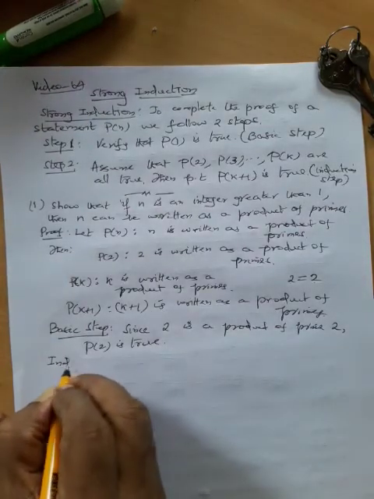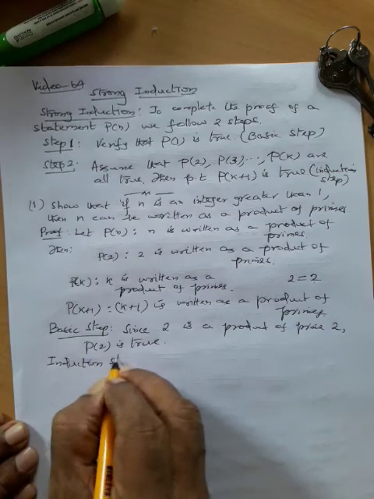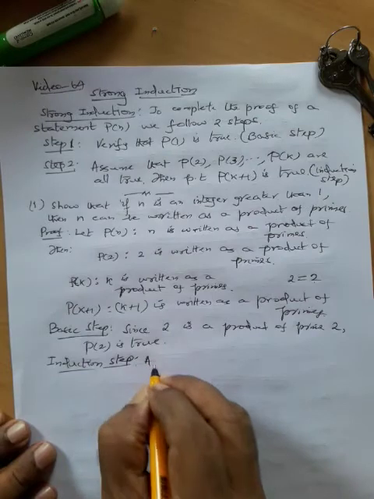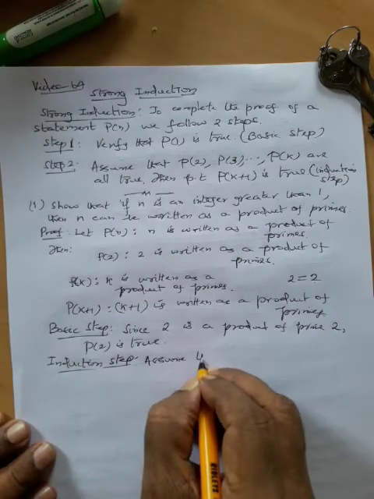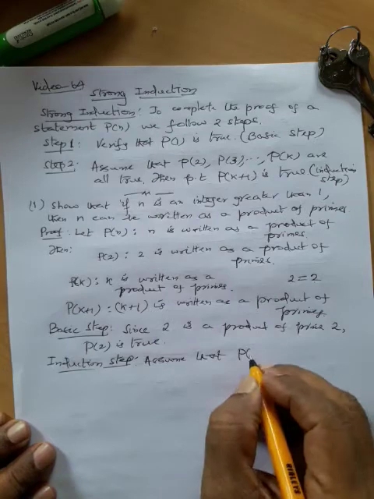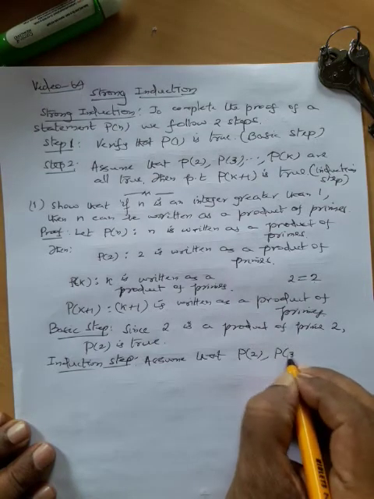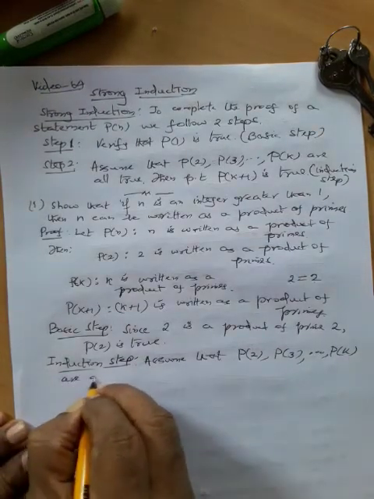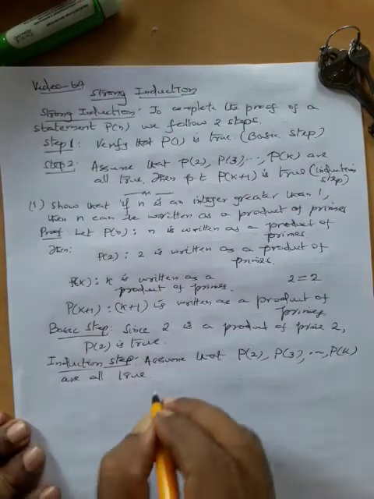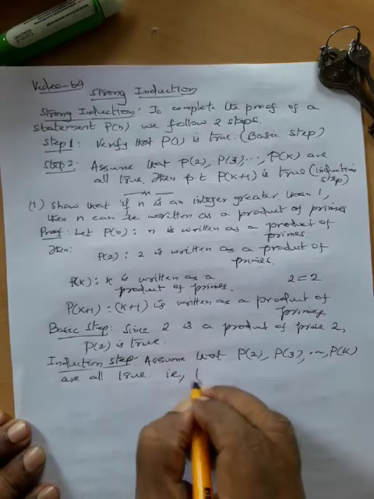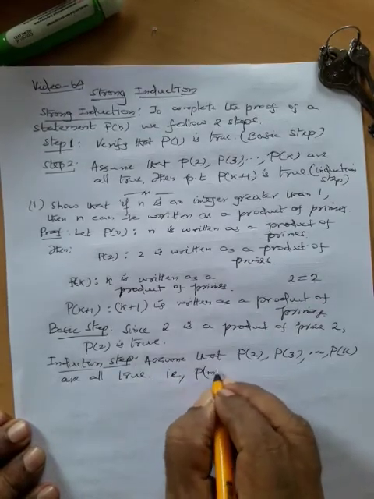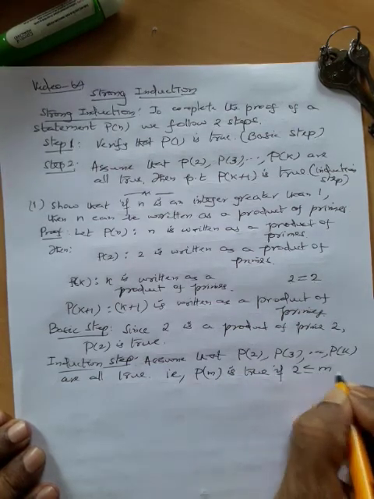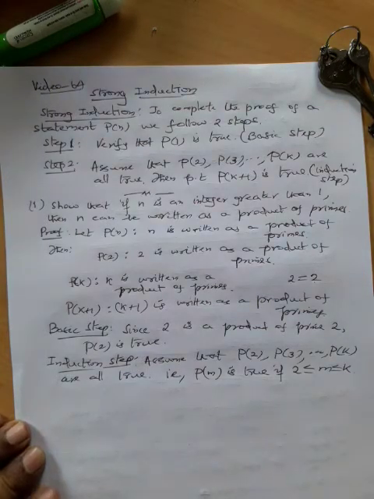Induction step. Assume that P of 2, P of 3, etc., P of k are all true, that is, P of m is true if 2 is less than or equal to m less than or equal to k.